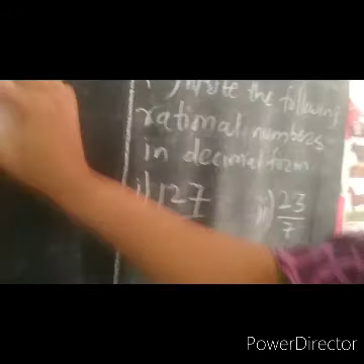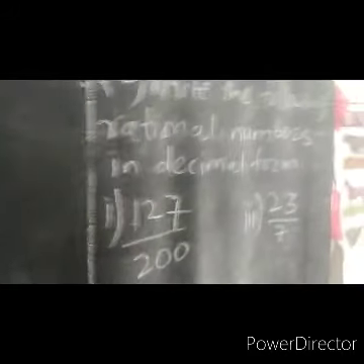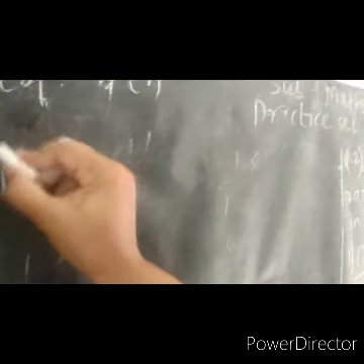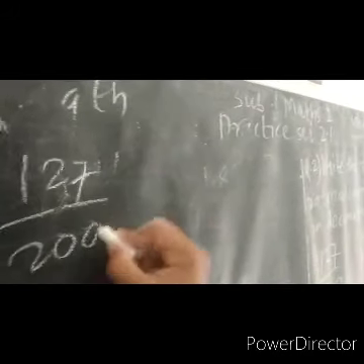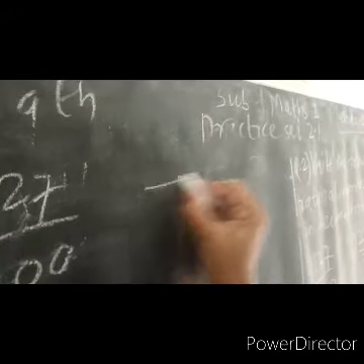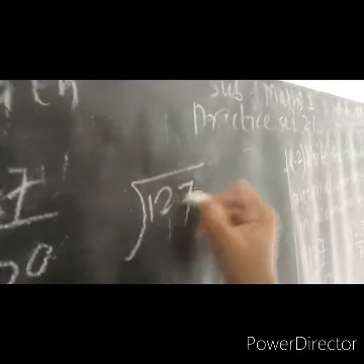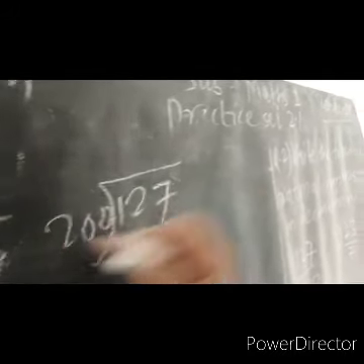So 127 is smaller than 200. Therefore, here 127 divided by 200.